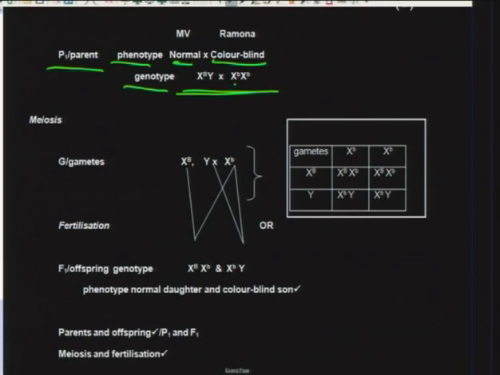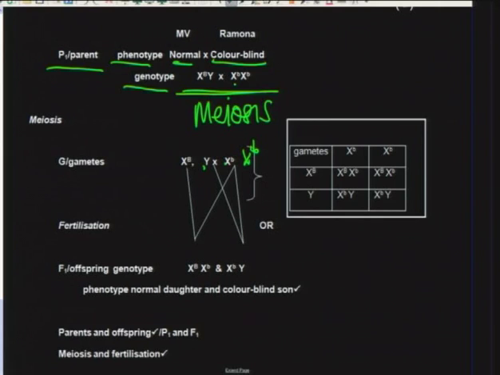You got that from the table. What do you do next? You write meiosis. We normally write it here, because meiosis takes place to separate the gametes. In this case here, it's X capital B and Y. And in her case, they're both the same. Or you could have even written X small b there, but because it's the same, we wrote it once only.